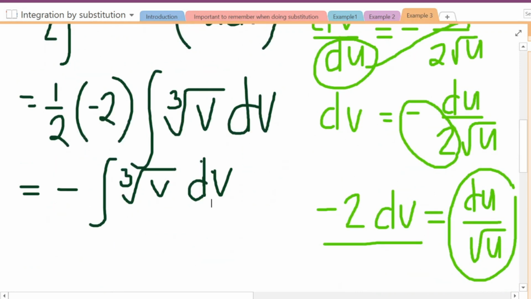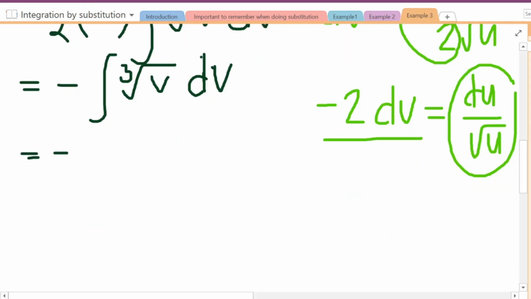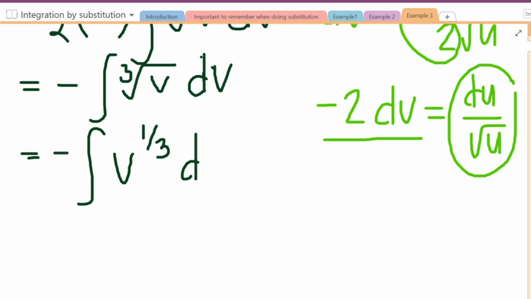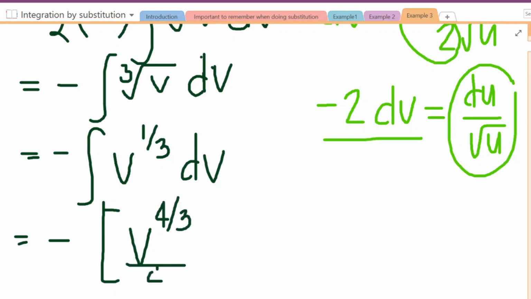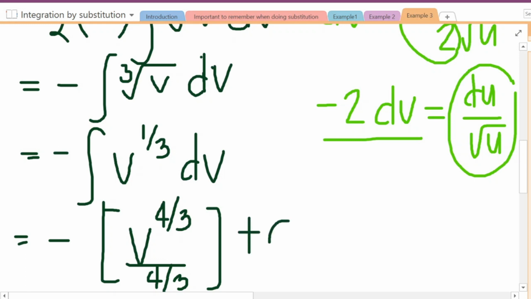There we have it, a simpler integral for us to work on. We can apply power rule for this. Let's write it first as v raised to 1/3 dv, and proceeding with integration, we have negative of v, power rule, 1/3 plus 1, that is 4/3, all over 4/3 plus c.